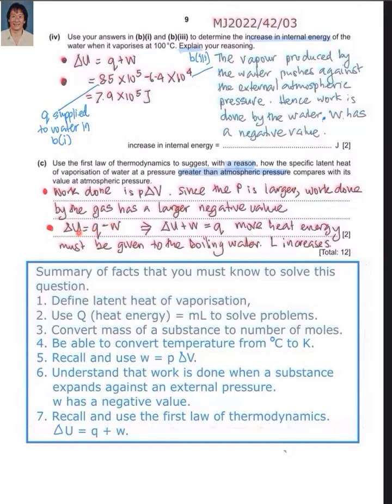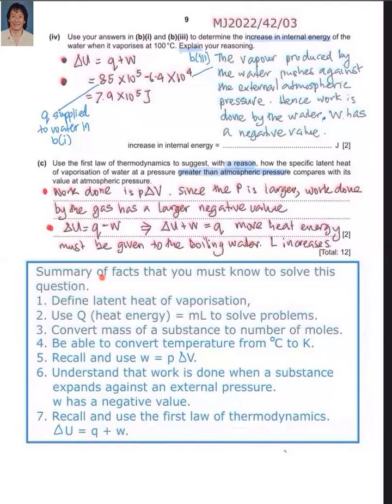So your delta U equals Q minus W, so your delta U plus your W equals Q. Q is the heat energy supplied to the boiling water. So therefore, more heat energy must be given to the boiling water. So your Q becomes larger. Therefore, your L will increase.